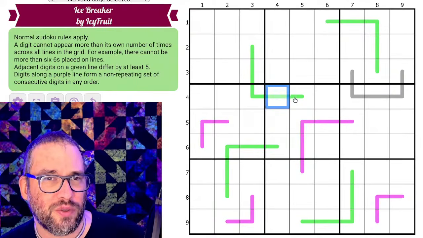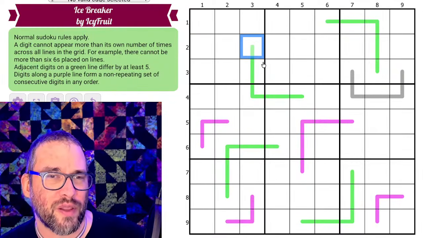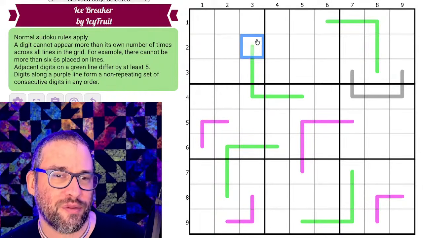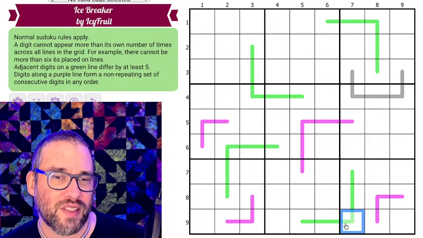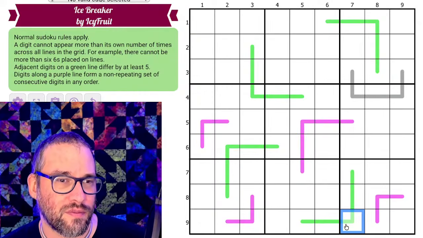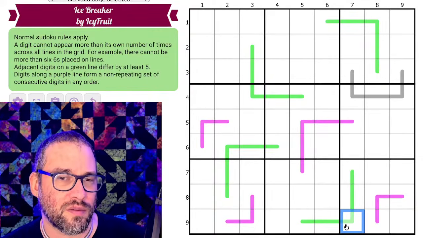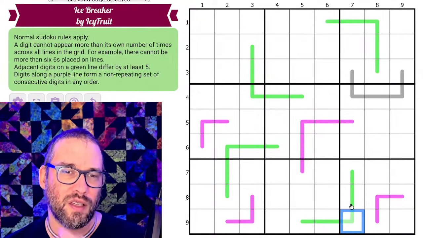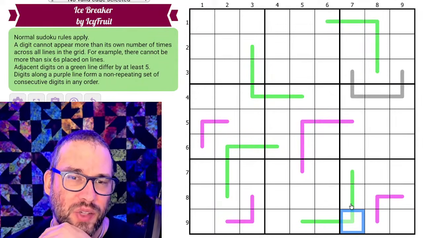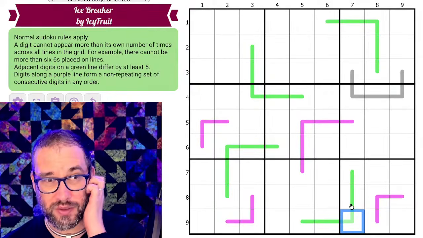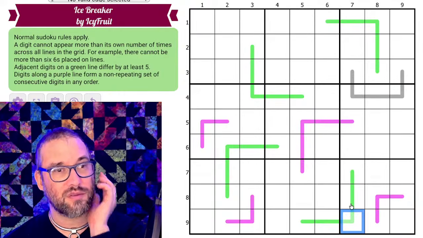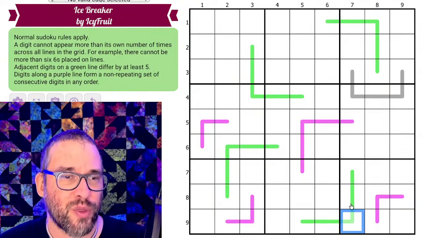Because that means we have to use two other low digits, and we haven't really bought ourselves anything. So this can't be four, and same with this. So we can't have fours in the corners. So when we use fours, we have to put them on the ends.